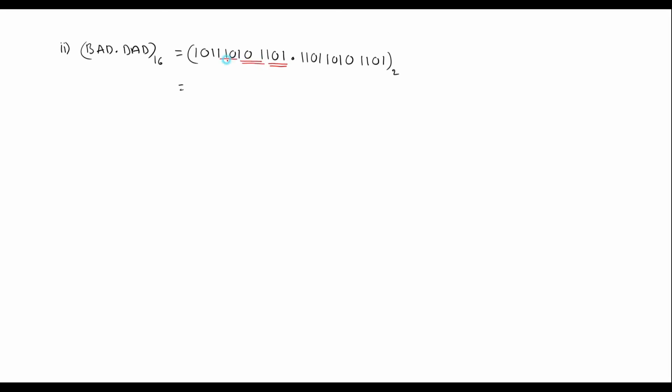The third group 3 bits, and this is fourth group 3 bits. Similarly, this is first group 3 bits, second group 3 bits, this is 3 bits, and this is 3 bits. We do 3 bits because the base of octal number system is 8, which can be represented as 2 power 3. So we are supposed to consider 3 bits.